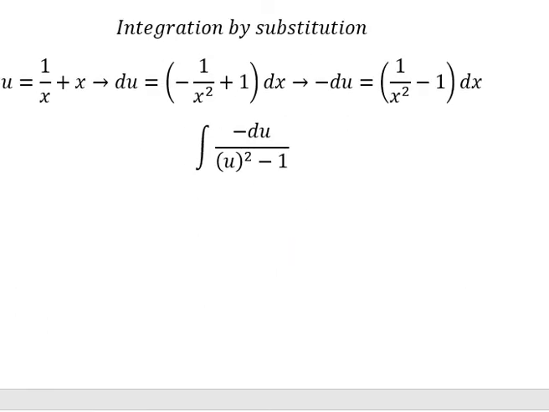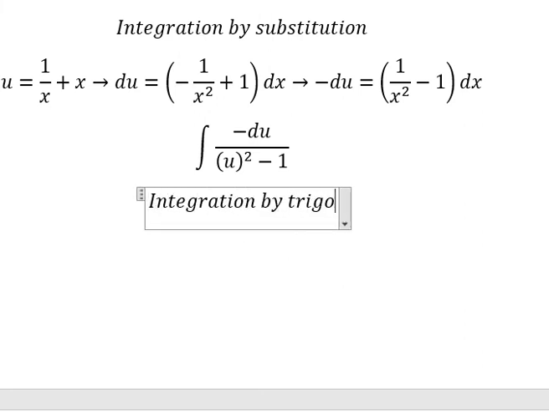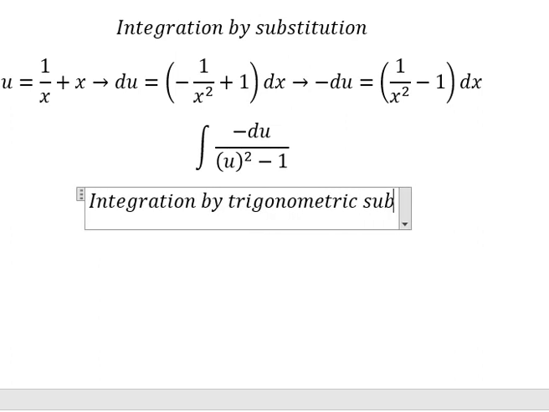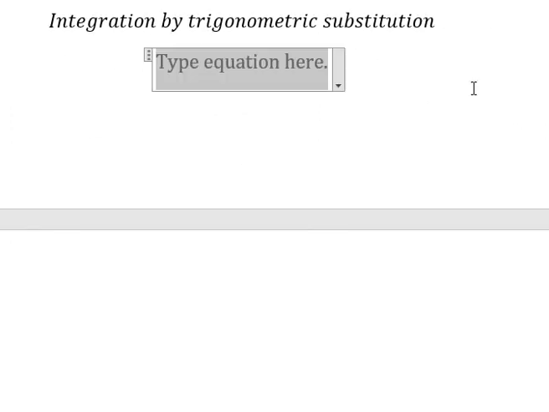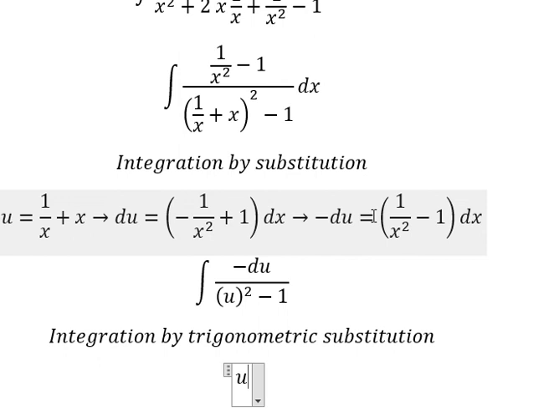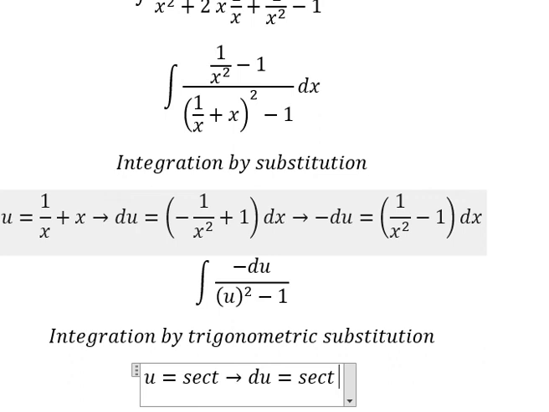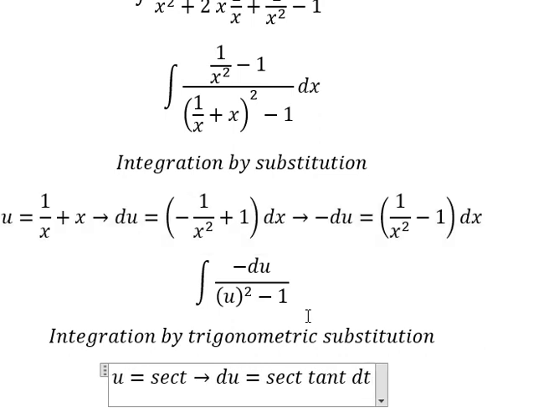Now we can use about integration by trigonometric substitution. So I will put about u equals to secant of t. du, we have secant of t tan t dt.